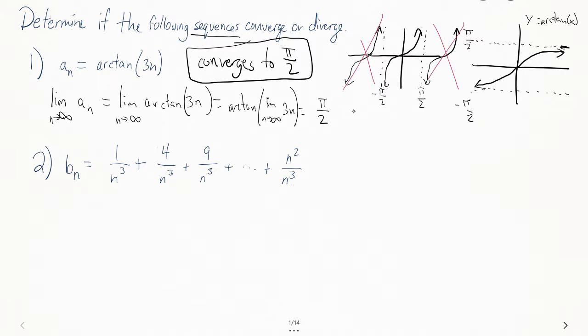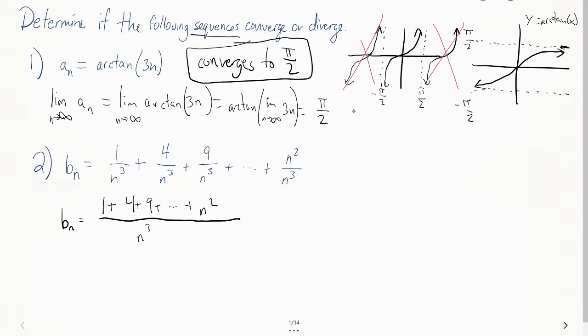Okay, so with the next one, we've got a little bit of work to do actually. So the first bit, we have b_n equals 1 over n cubed plus 4 over n cubed plus 9 over n cubed plus and so on, all the way to n squared over n cubed. Okay, so when taking a look at this one, what actually happens? Well, we can rewrite this. Since it's a common denominator, b_n equals 1 plus 4 plus 9 plus so on and so forth, all the way up to n squared, all over n cubed.